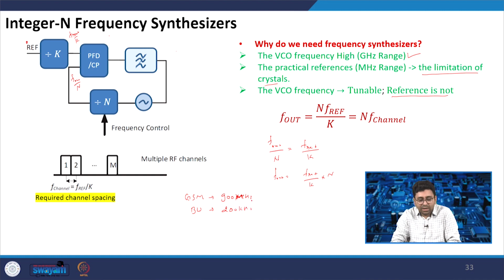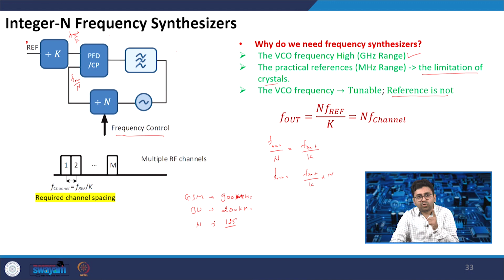So, how many channels? More than 125 channels we can include. Here the channel spacing between these two is nothing but f ref by k, because what we want to do is frequency control.